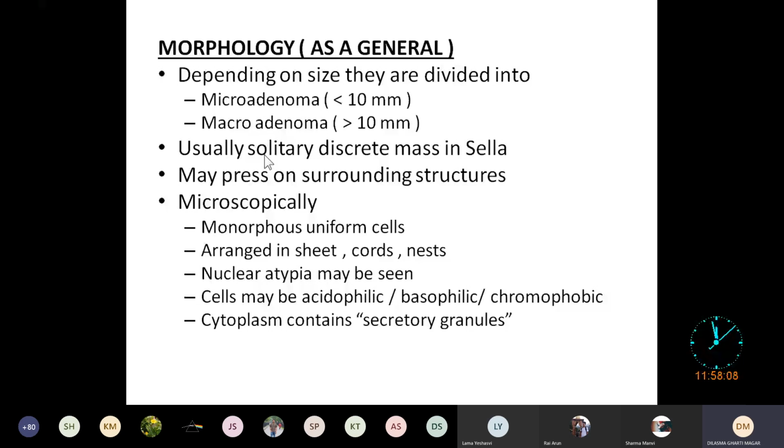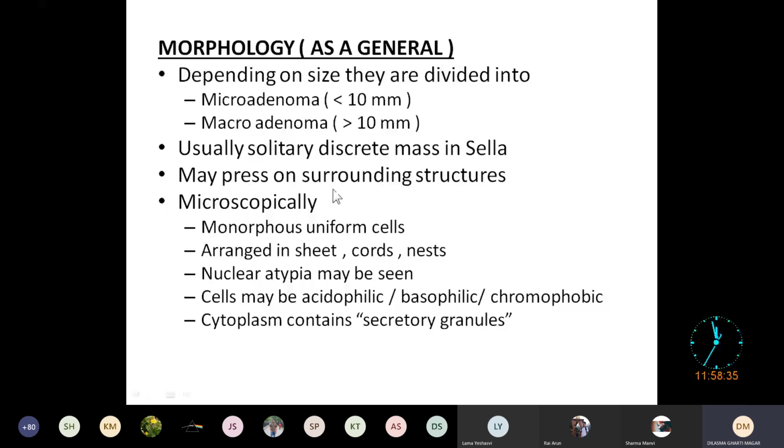So usually they are solitary, discrete masses in the sella turcica. And whenever this tumor becomes large, it may press on the surrounding structures. Whenever any tumor enlarges, it will definitely put pressure on the surrounding structures, isn't it so?